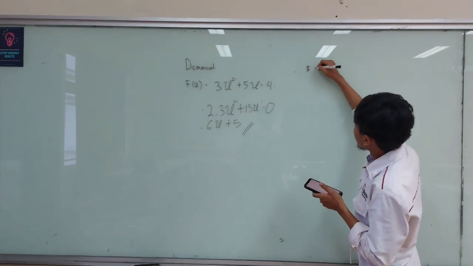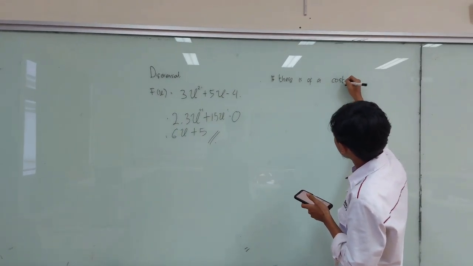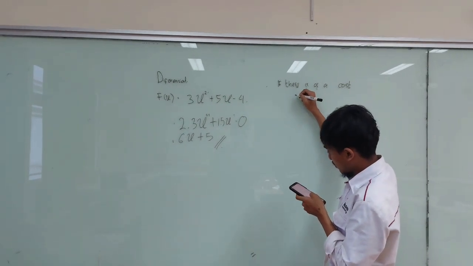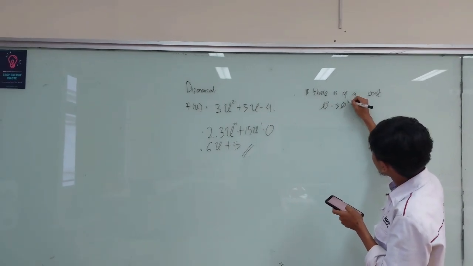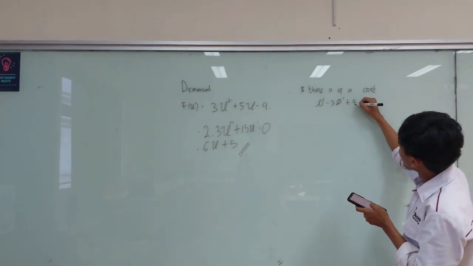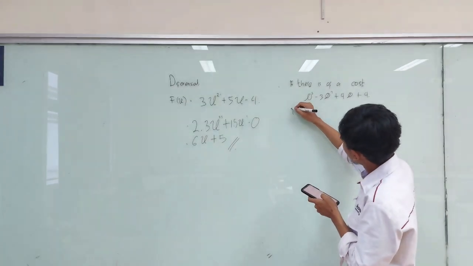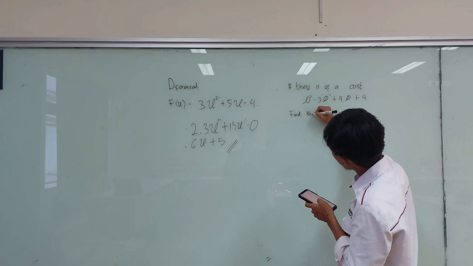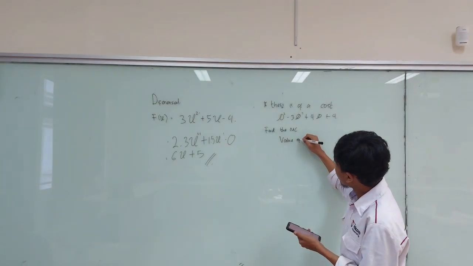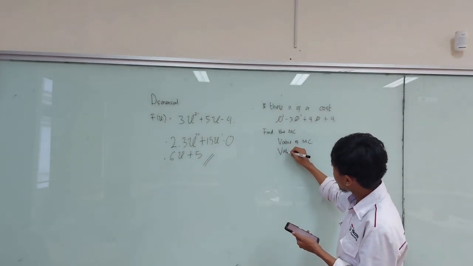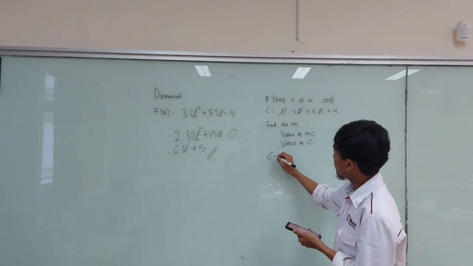If there is a function of a cost Q, then the first is the function of MC, the second is the value of MC, and the third is the value of C. Sorry, C.